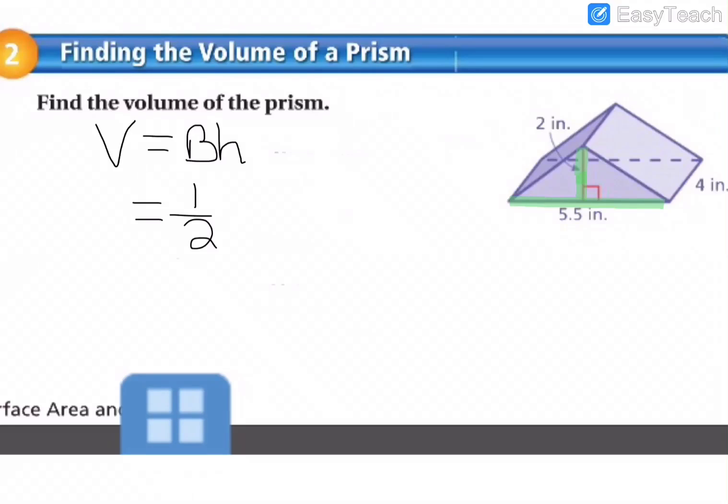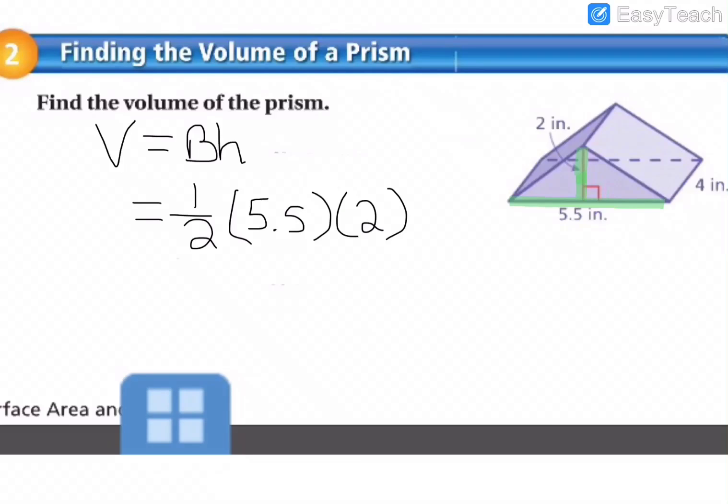So 1/2 times 5.5 times 2. That takes care of the capital B. And then we're going to multiply this times the height.